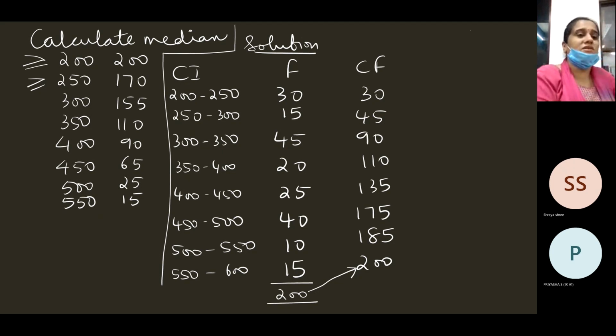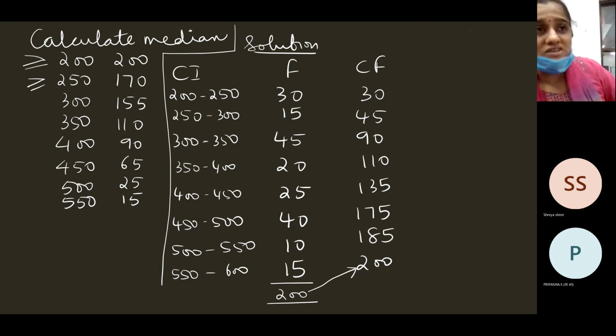That is the median class interval. Repeat: what's the total of the frequency column? 200, by 2 is 100. You should look at the cumulative frequency column and look for that value which is just more than N by 2, not equal to N by 2. If there's a value equal to N by 2, 100, not that.